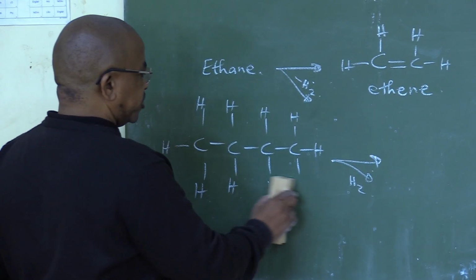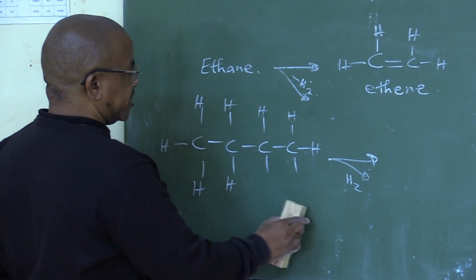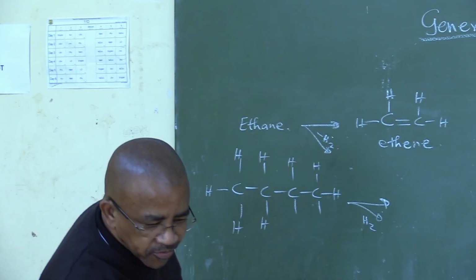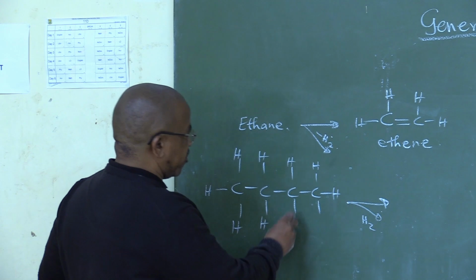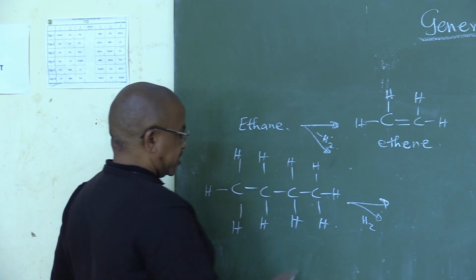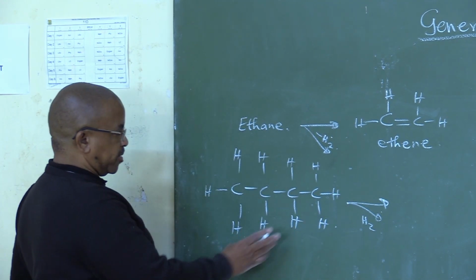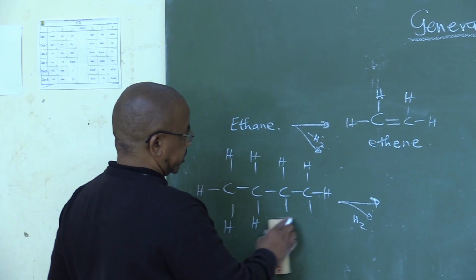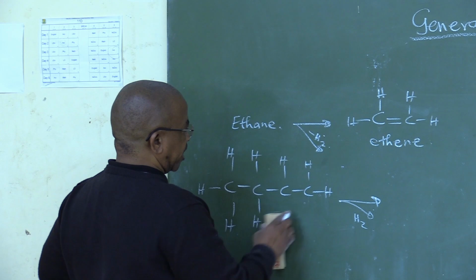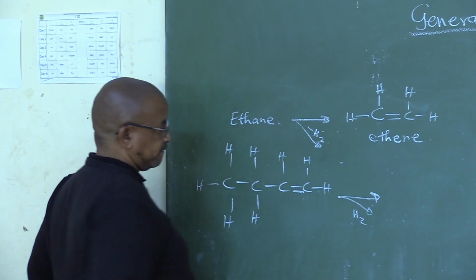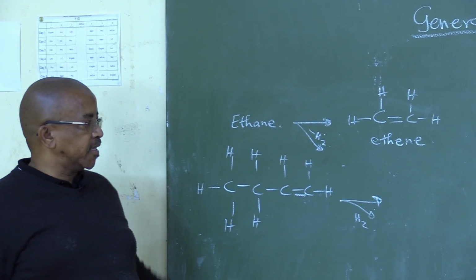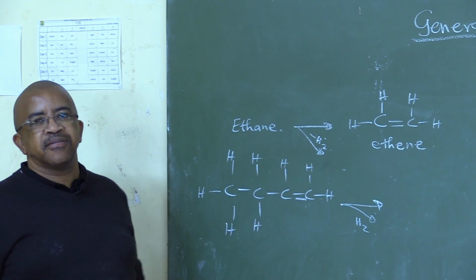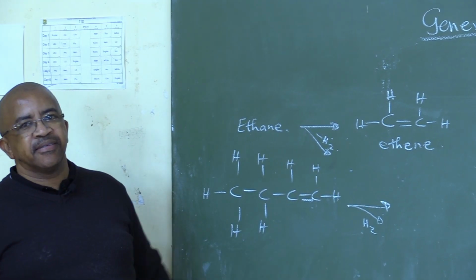So once you remove O hydrogen ababili, ungasusa lo or laba, because once you remove about 2 hydrogen, then you will have a double bond here. Then this becomes an ethene, an alkene.